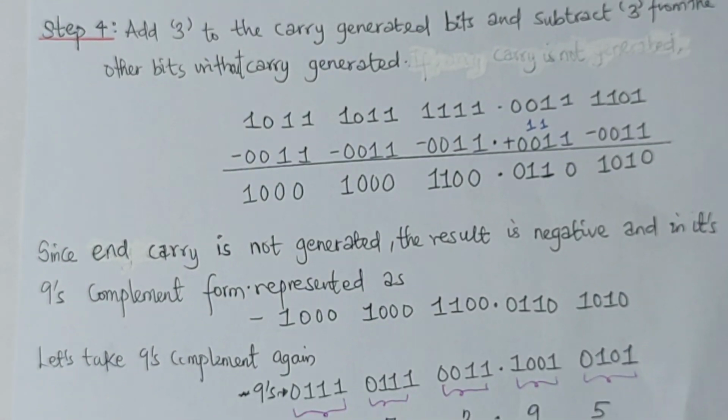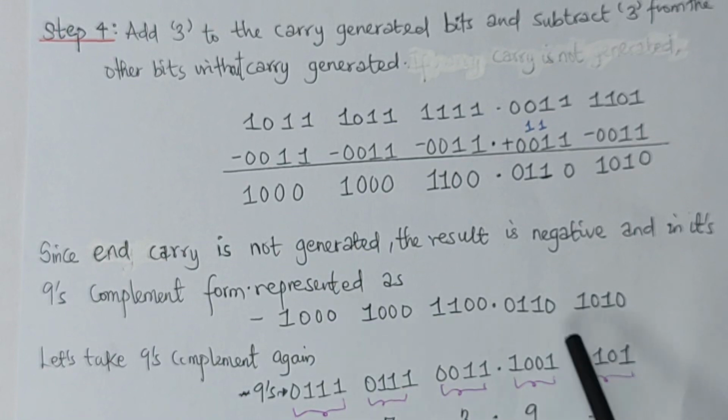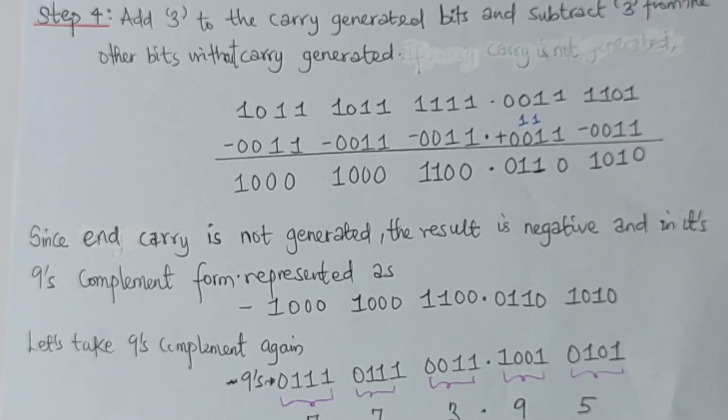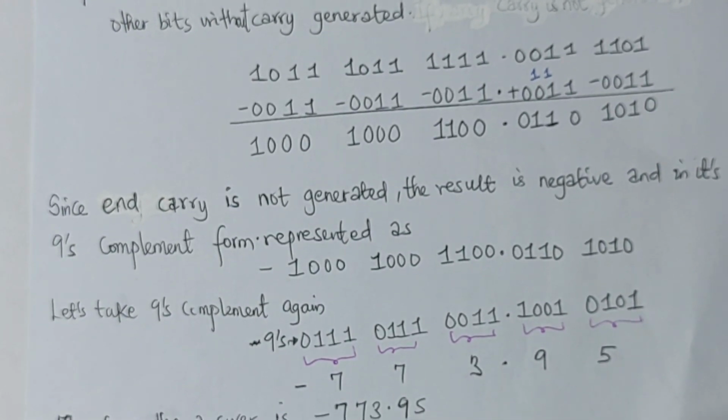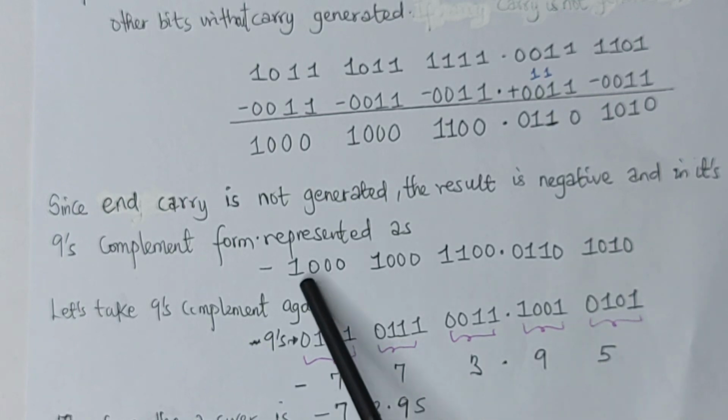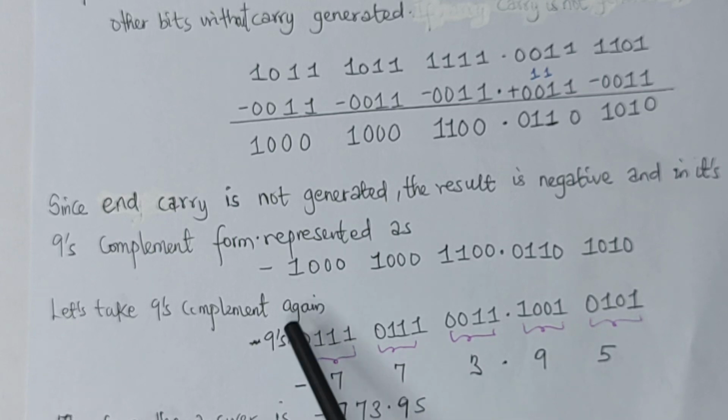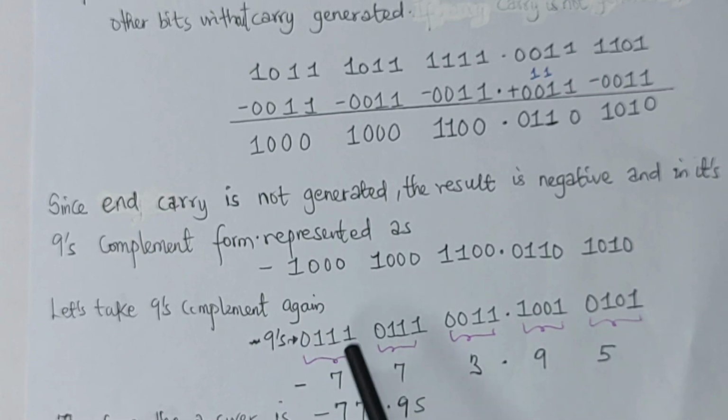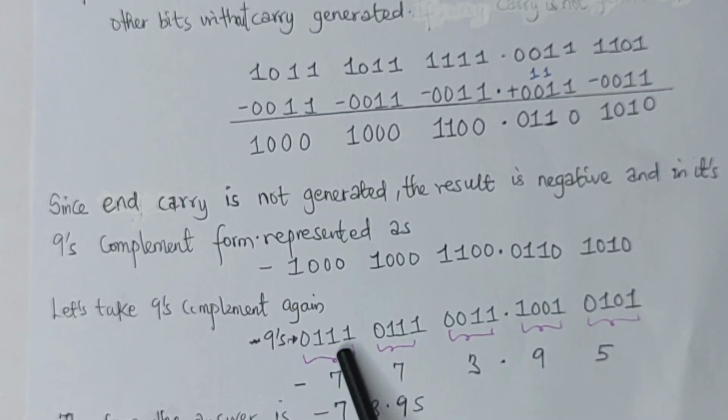So to do that, we're going to take the 9th complement of these values. And when we take the 9th complement, a quick way of doing that is just look at what we have here. Wherever you have 1, change it to 0. Wherever you have 0, change it to 1. That becomes the 9th complement.